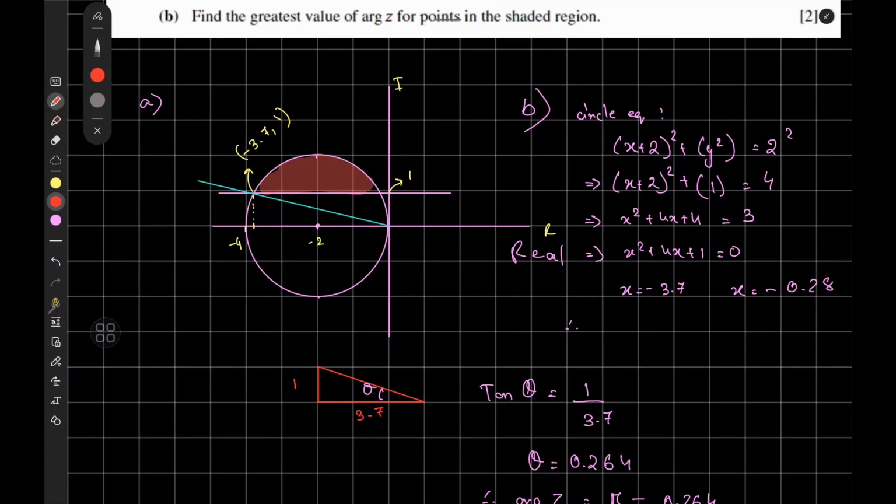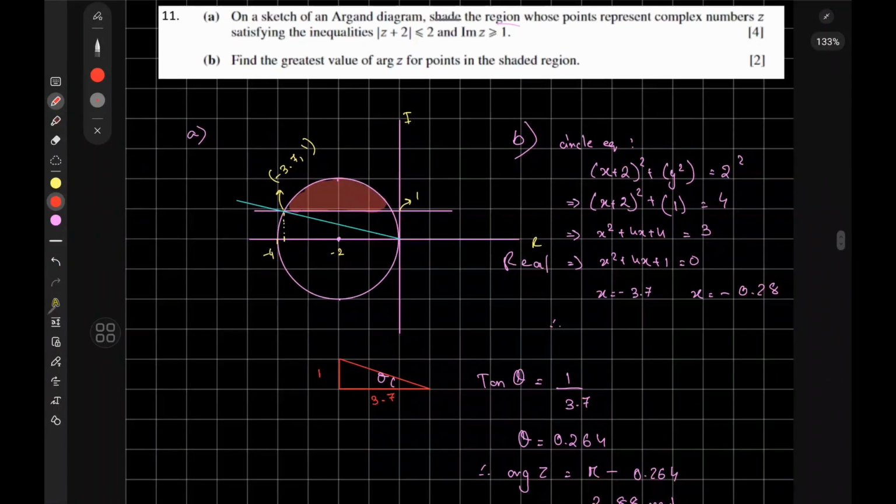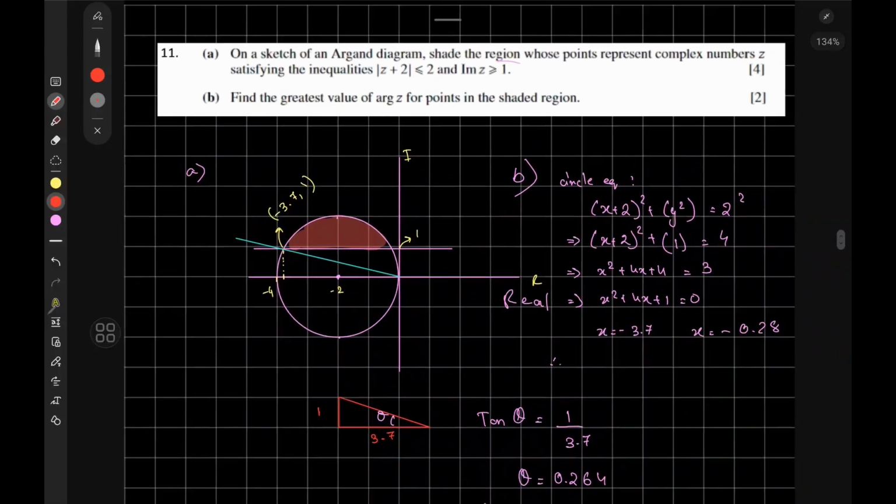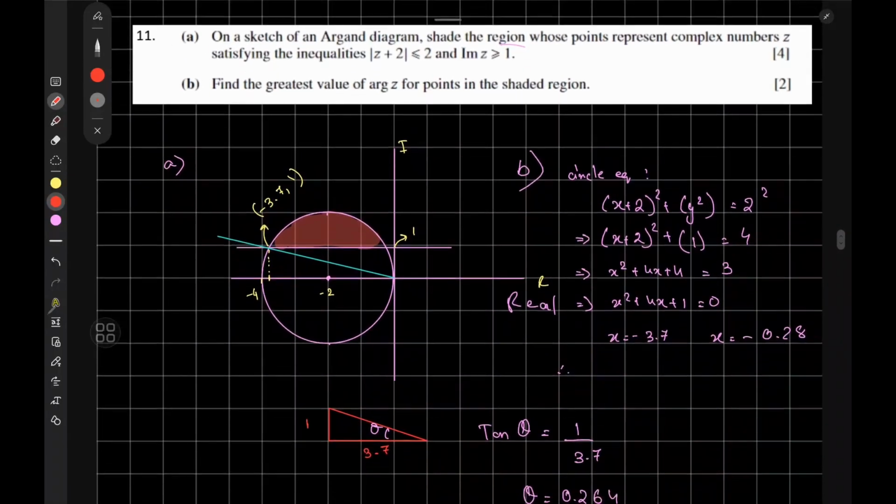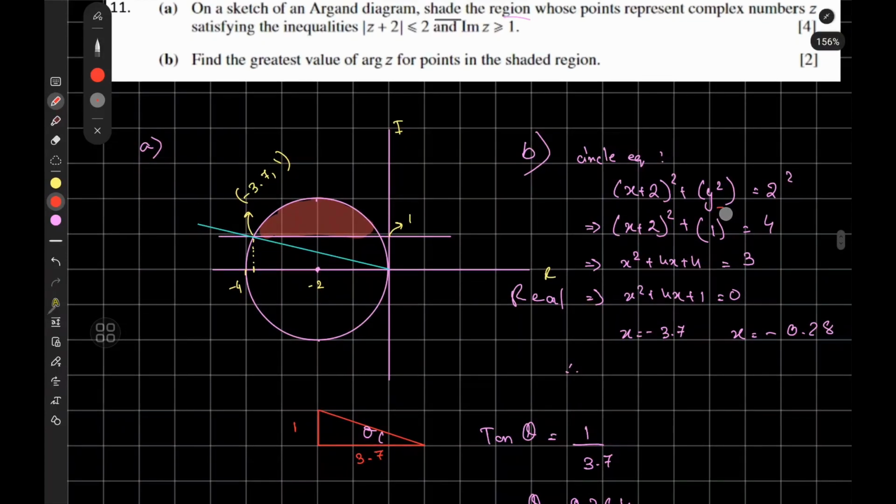So how do we find out the coordinate at that point? We have two equations. One is for the circle. Since the center is minus 2 and 0, you can write the equation as (x plus 2) whole squared plus y squared equals 2 squared, where 2 is the radius.